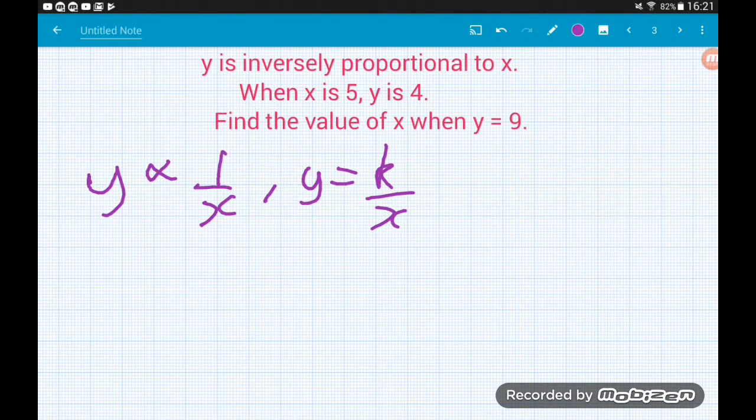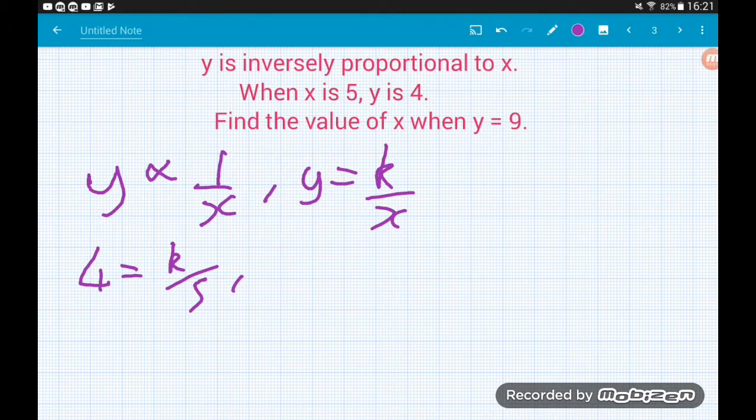Now the next sentence tells us our initial conditions. So when x is equal to 5, y is equal to 4. We use the initial conditions to find the value of k. So if we substitute those in, x is equal to 5 and y is equal to 4, that's going to give us 4 is equal to k divided by 5.